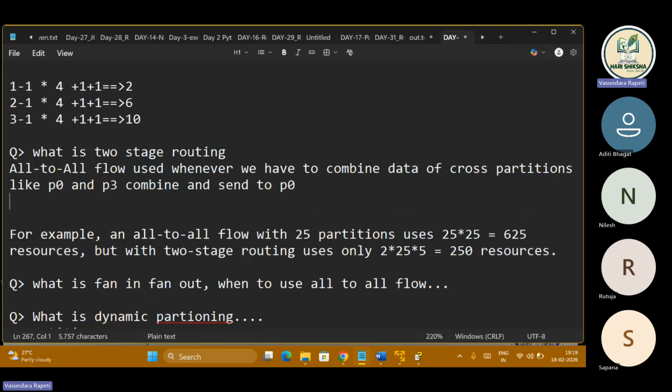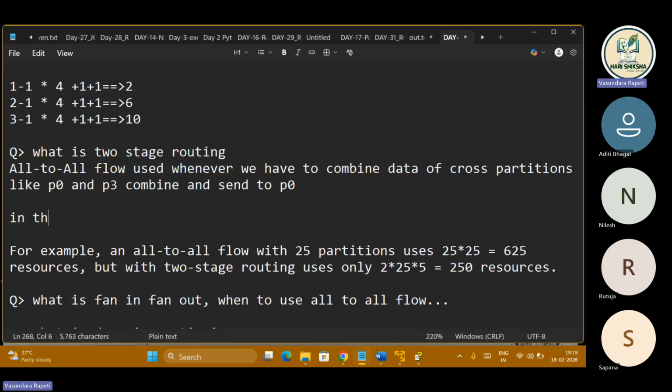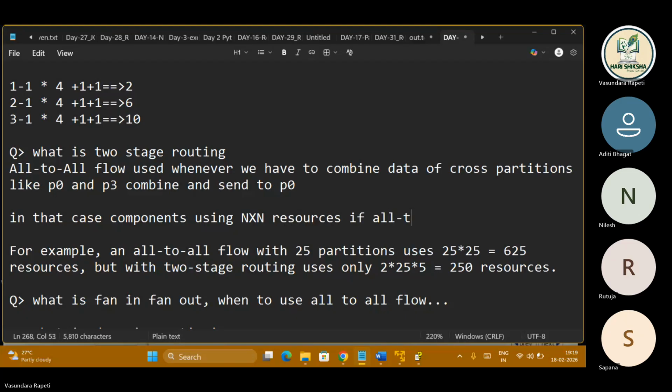In that case the components use n cross n resources if all-to-all flow is there.